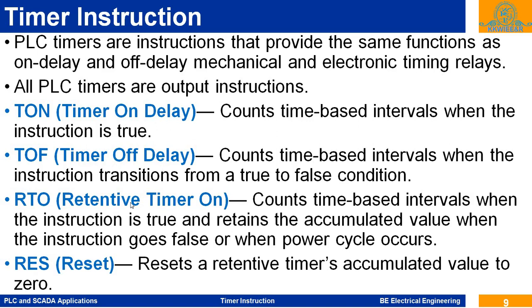In a retentive timer, it retains the accumulated value, and to reset this accumulated value to 0 we require another instruction called the reset instruction. So the reset instruction is used for the retentive type timer.